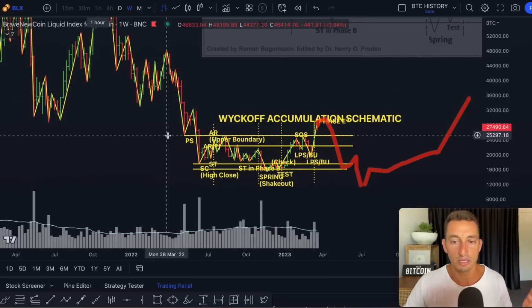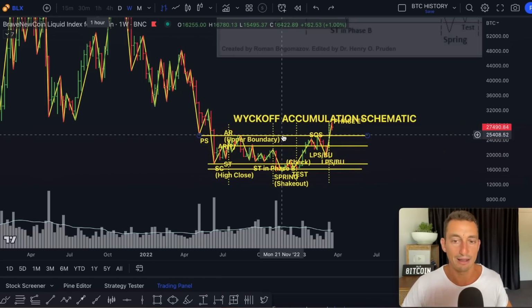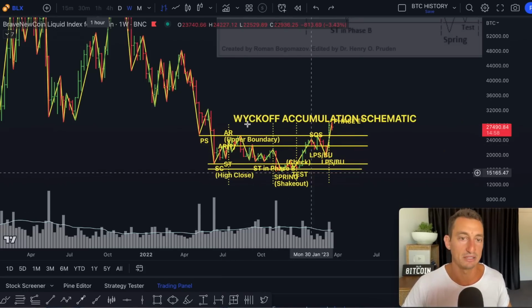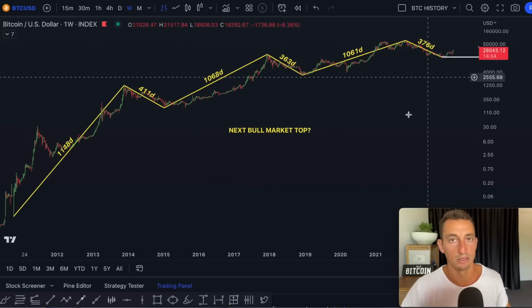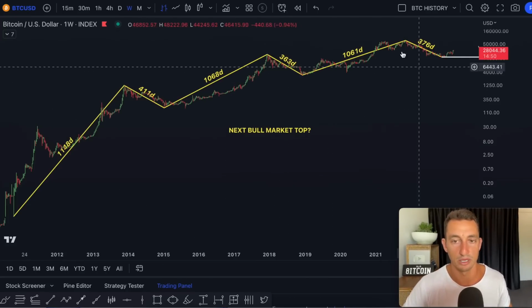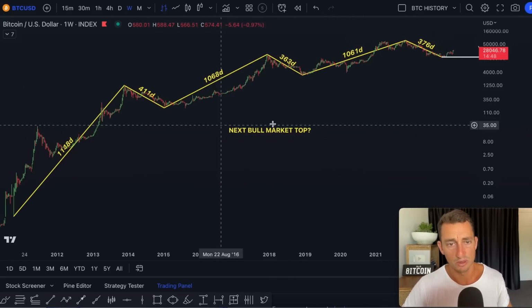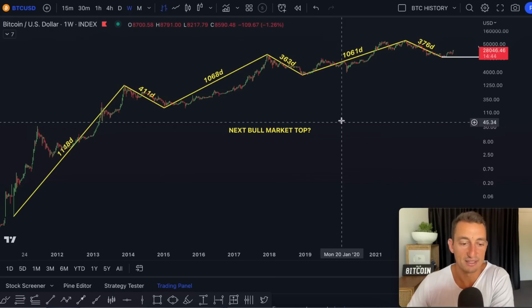Like I said, it's not impossible. It's just not the outcome that I think is going to happen based on previous timing cycles, which have worked out relatively well. And we can see we've got that 400 days or so down, 1 year to 400 days to the downside, with about another 1,000 days to the upside, which leads me to the next bull market top.